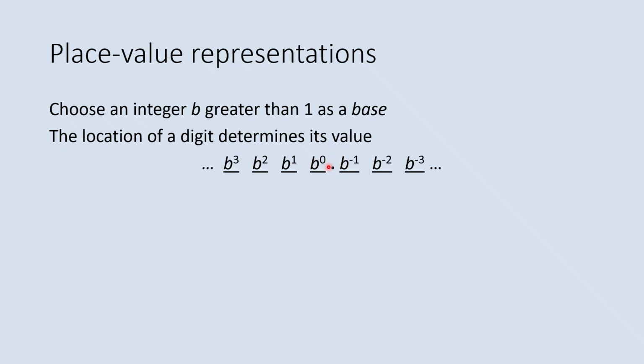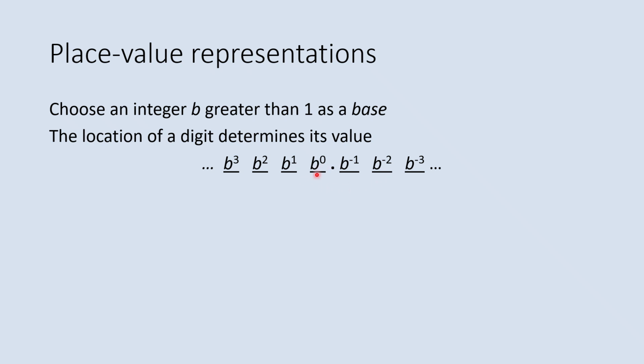To the right of the point in base 10, a decimal point, we have the 1/10, so the tenths place, hundredths, thousandths, and so on to the right. If we have a different base, then the structure is exactly the same.